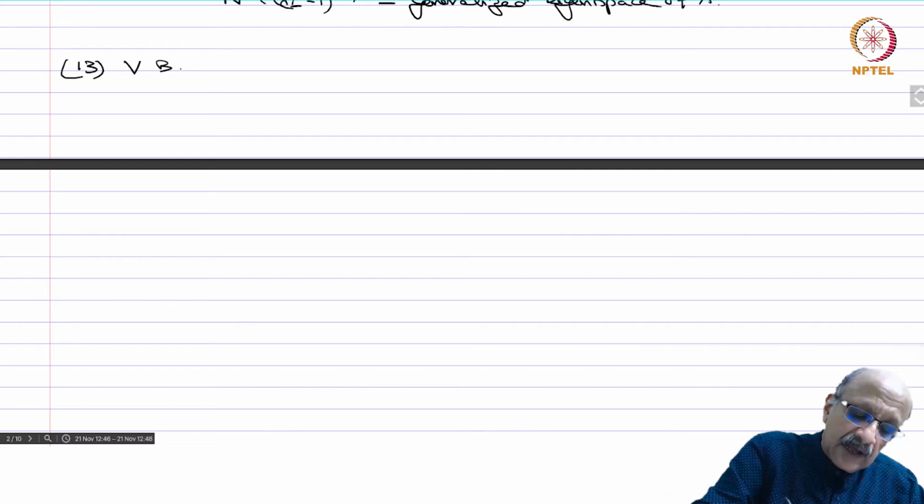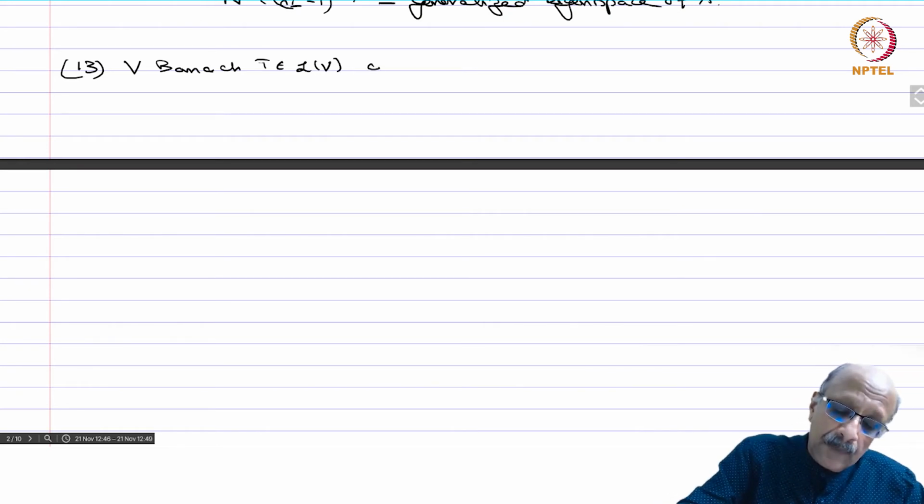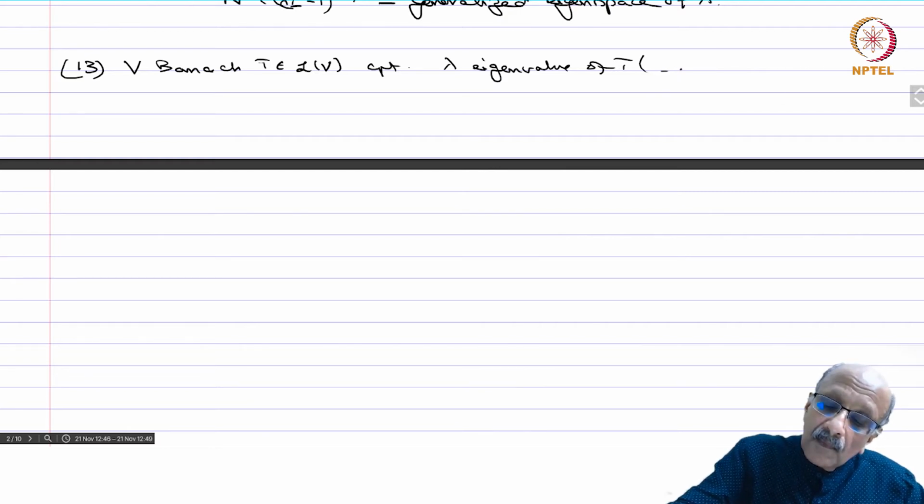V Banach, T in L(V), compact, lambda eigenvalue of T not equal to 0. Okay.